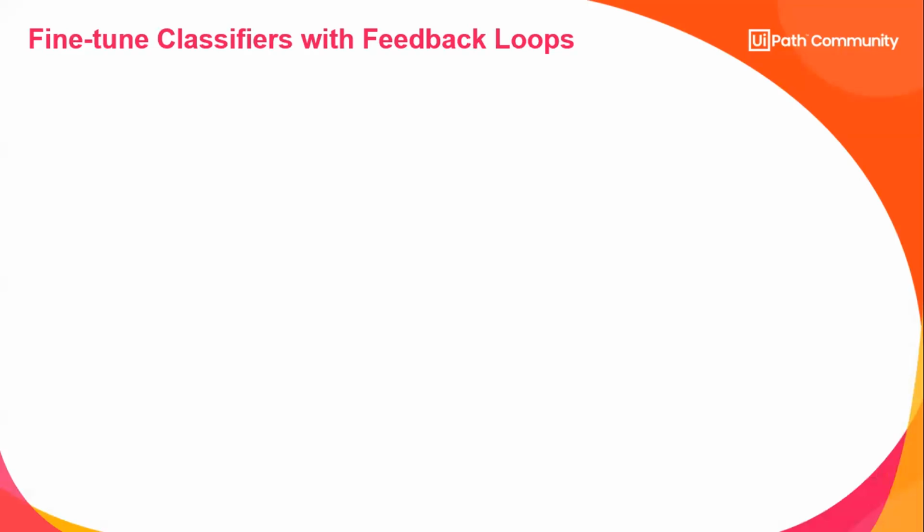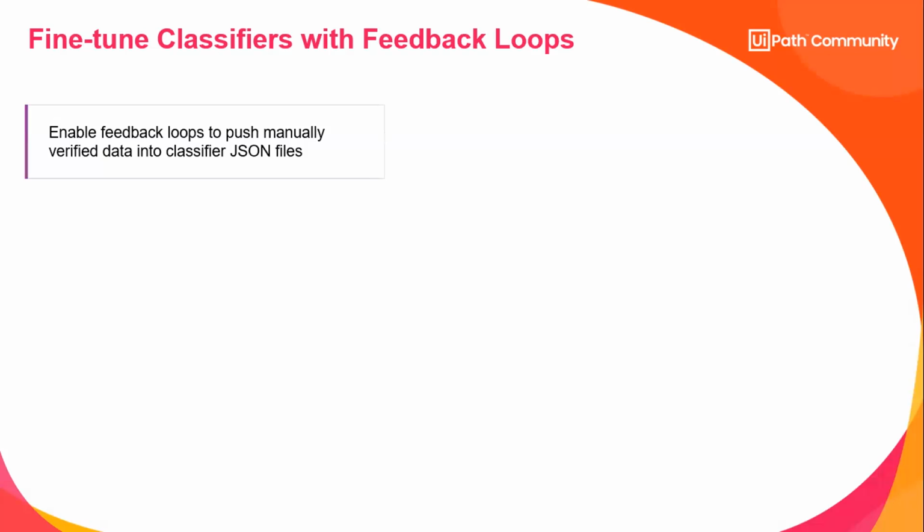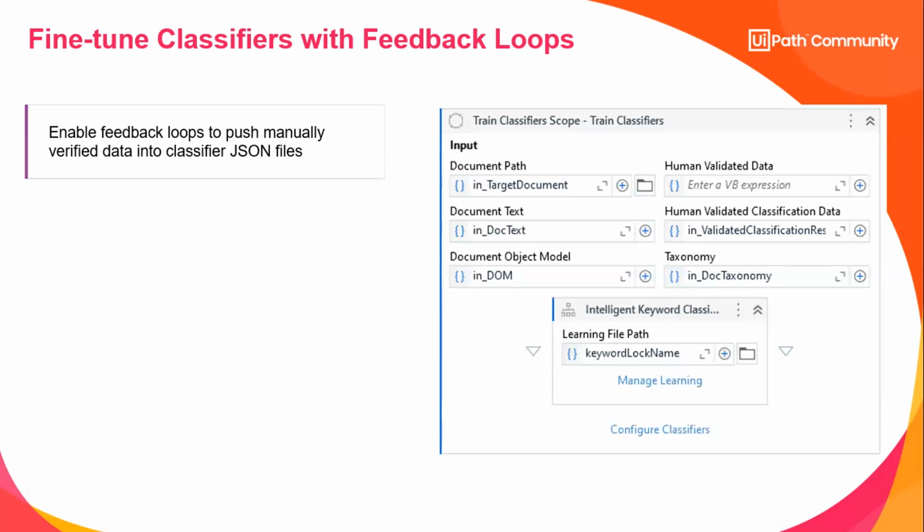And then comes the fine tuning. So the fine tuning happens in two places, for classification and also for extraction. For classification, we have this train classifier scope activity along with the classifier trainer.